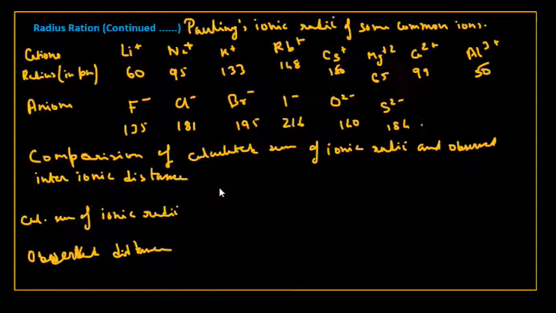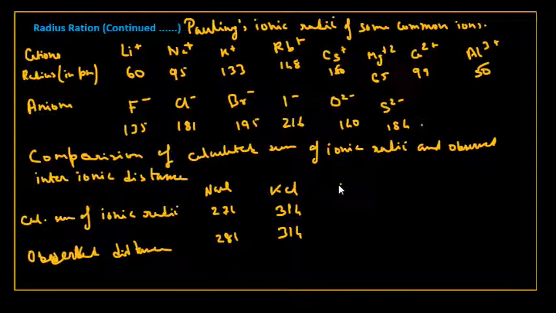For NaCl, the calculated sum of ionic radii is 276 and observed distance is 281. For KCl, the calculated sum of ionic radii is 314, observed distance is also 314.